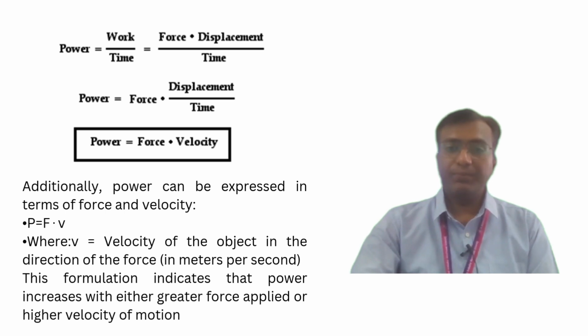But the equation P is equal to F multiplied by V allows us to determine power at a single point in time t. It's also important to note that this equation assumes that the force and velocity are in the same direction. If the force and velocity are not in the same direction, then we need to take the component of force that is parallel to the velocity, similar to what we discussed with work.